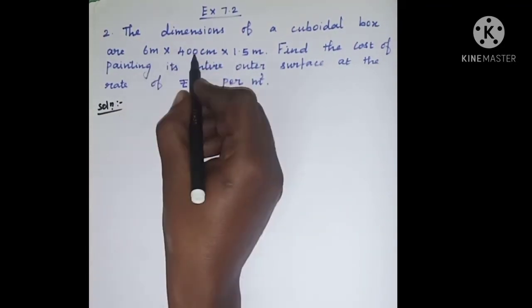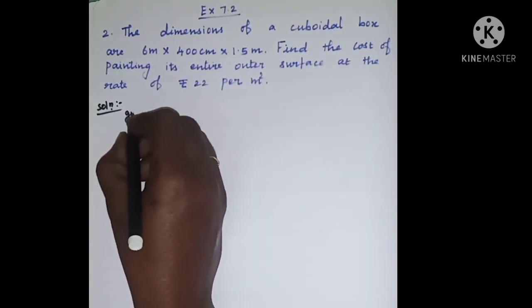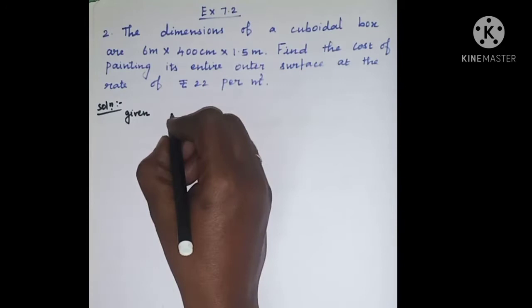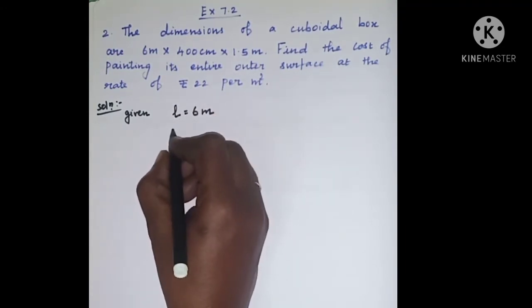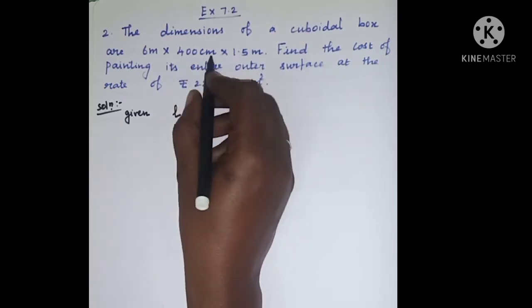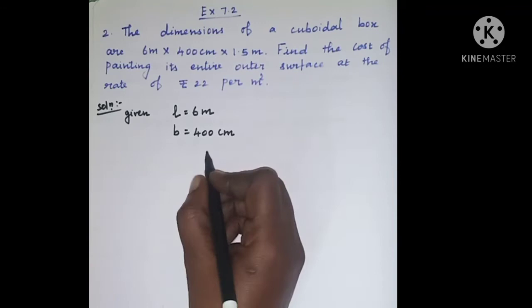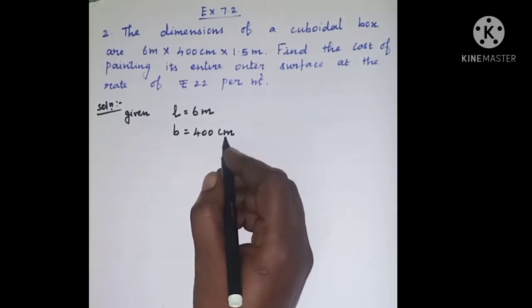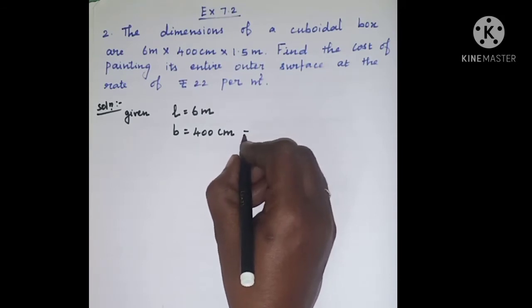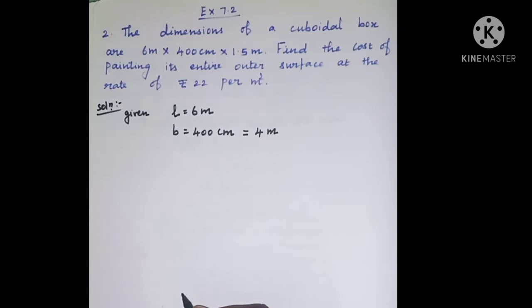Here they are given the length. This is your length, this is breadth, and this is height. So given, the length L is equal to 6 meter, and the breadth B is equal to 400 centimeter. So we have to change this centimeter to meter, isn't it? 1 meter is equal to 100 centimeter.